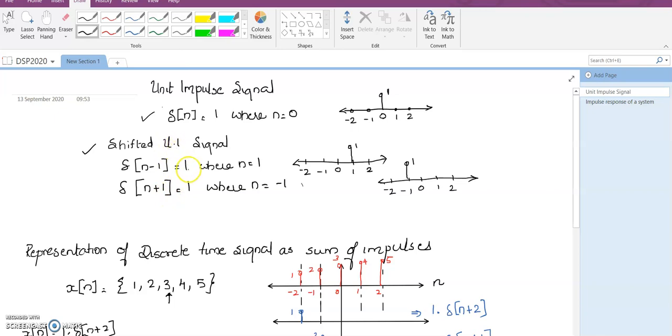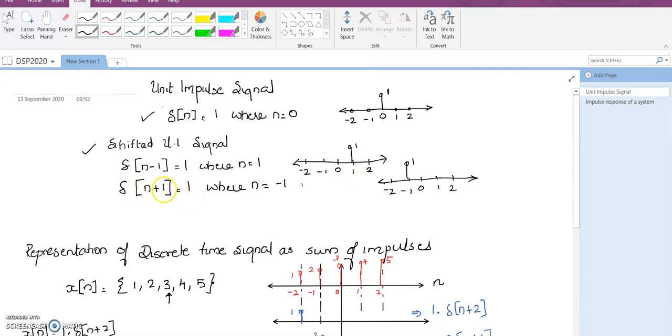Again, it is unit impulse, so the amplitude is 1. The concern is about the shift, and the shift here is represented by n minus 1 and n plus 1. A shift of n minus 1 will indicate n is equal to 1. When n minus 1 is equated to 0, we can realize that n is 1. So that means it is shifted, or existing, at position 1.